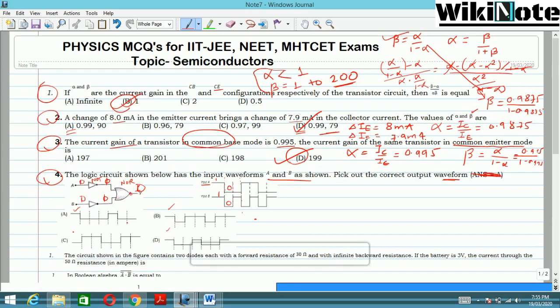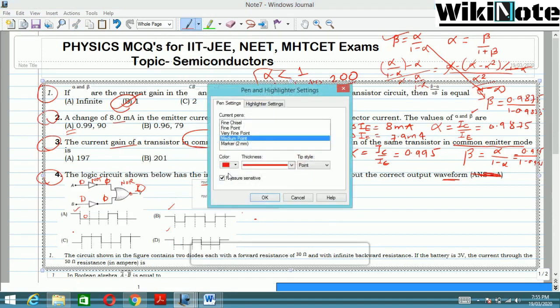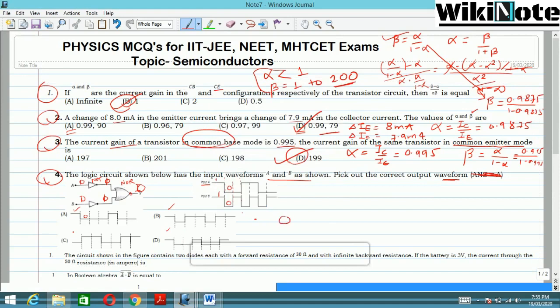I am getting the same output in case A and also in case B. Then again I am getting 0 and 0, which was expected for me. So in both options, again I have to go for the next.